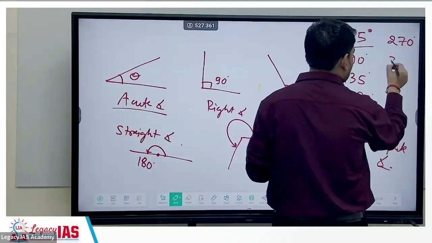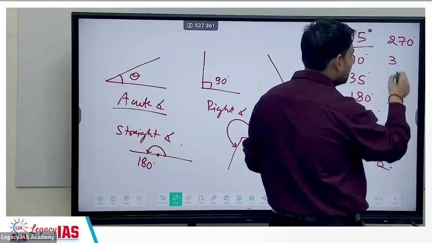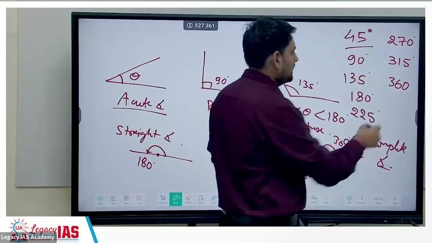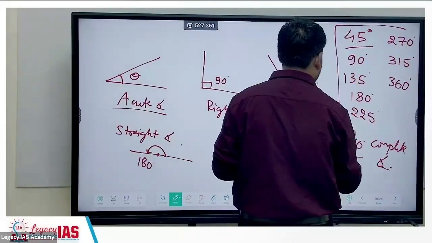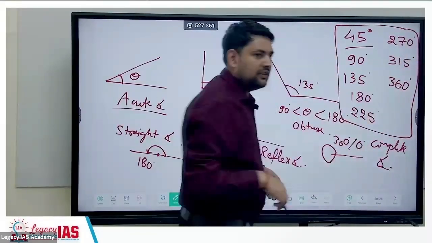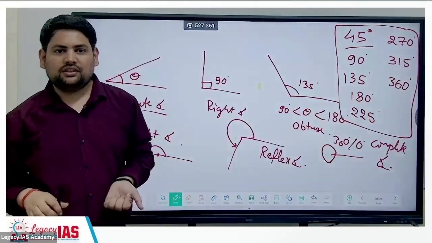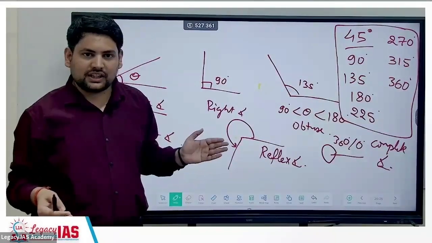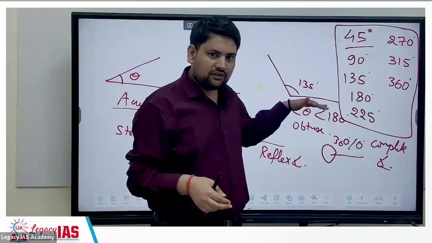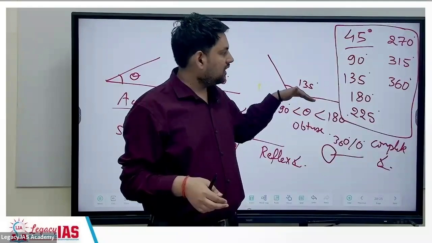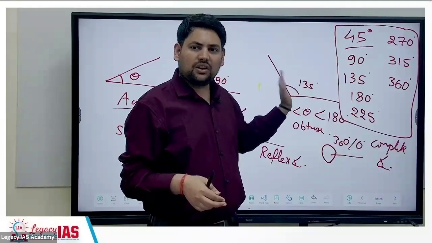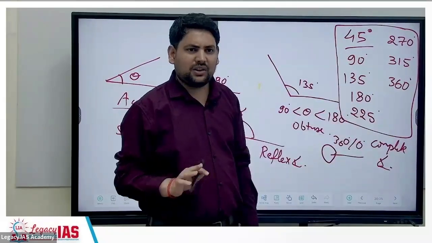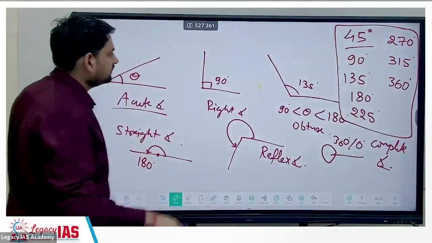Then 315, 360. This is the table of 45. Okay, this will help you, because in questions we'll see that he went straight, and we will write that he went 270 degrees clockwise, anti-clockwise. So this you should be knowing. Table of 45. Okay.